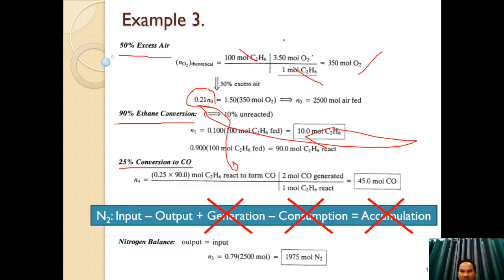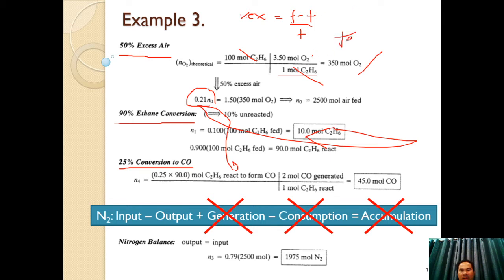We'll write something for you. Percent excess equals feed minus theoretical, divided by theoretical. If in ratio, you don't multiply by 100.